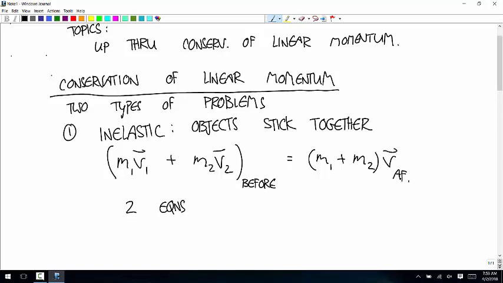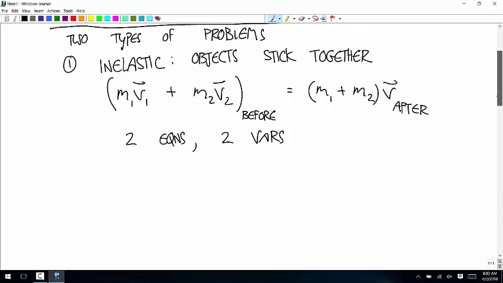And so you get 2 equations for 2 variables. Usually those 2 variables are the velocity vector of the combined thing after the collision. So you can solve for that without anything else.